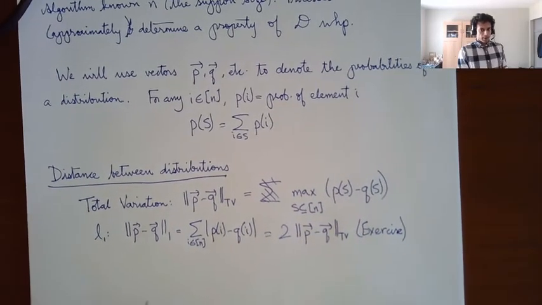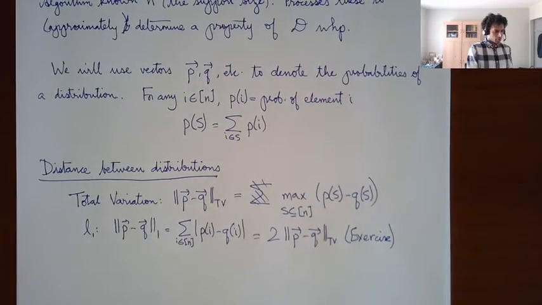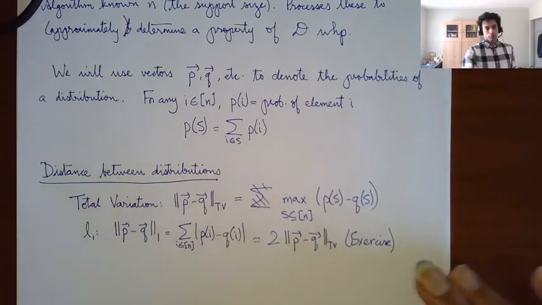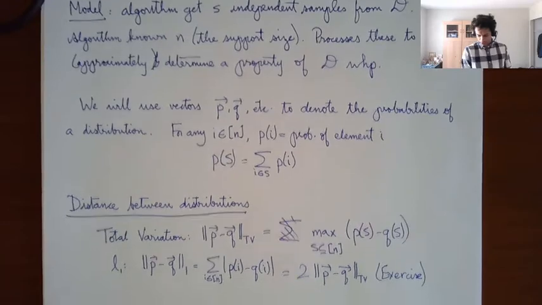And so in distribution testing, typically many notions of distance can be used, but one often starts with total variation distance, which can be written in terms of L1 distance, which is often convenient to use. So one uses the L1 distance.